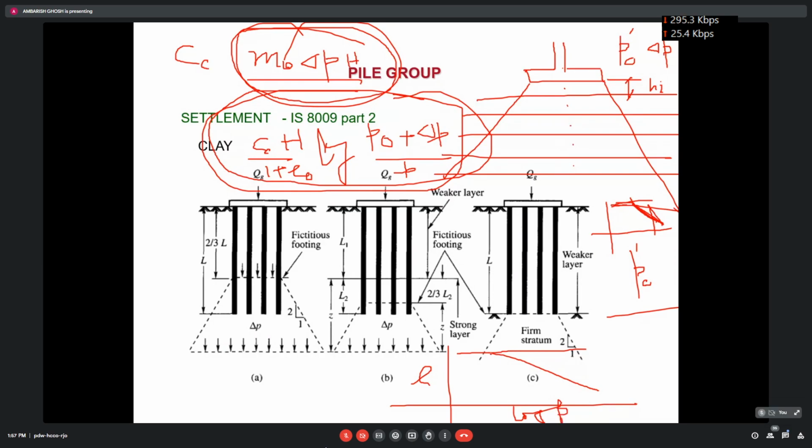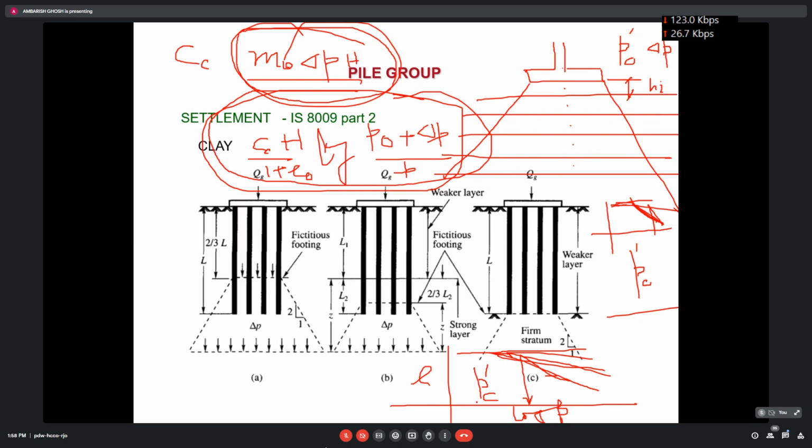In the e-log p curve, at the point of minimum curvature, you draw a tangent, then you draw a horizontal line, and then you draw the bisector of the angle. Then you extend the straight line portion, and where it touches the bisector, you will get Pc'. You find out how to get Pc', the pre-consolidation pressure.